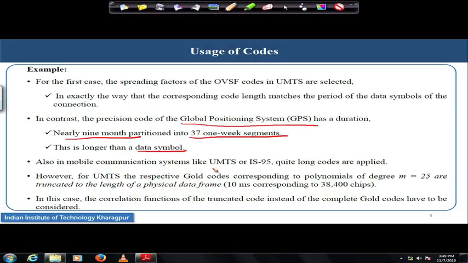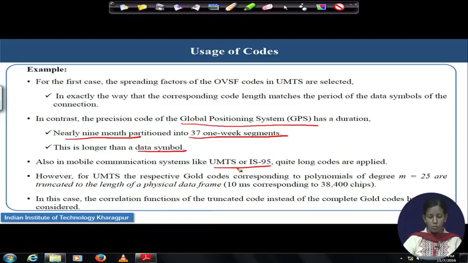Though in mobile communication systems like UMTS or IS-95, quite long codes are applied. This kind of code like the GPS one we also prefer to utilize. In UMTS, the gold codes are utilized, where the polynomials of m equal to 25 are truncated.